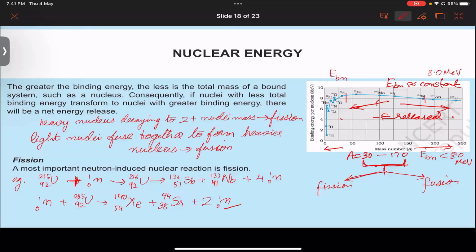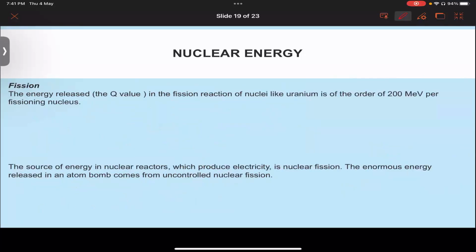Now these neutrons which are being given out can again continue the nuclear reaction. They will bombard the leftover uranium nuclei, and the reaction continues. So this is how usually the fission reaction works. These are the two examples.